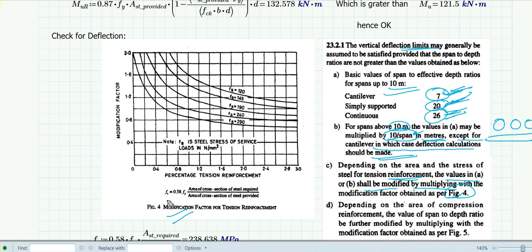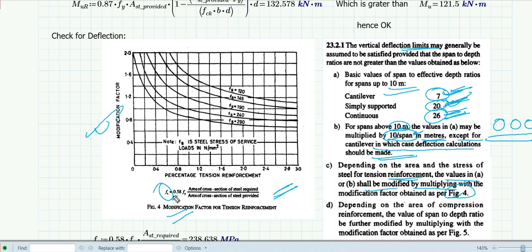From this figure you can find out by which factors these span by effective depth values can be changed. Before that you have to find out what is fs. Here this is the percentage of tension reinforcement, this is the curve for fs, and this is the modification factor.